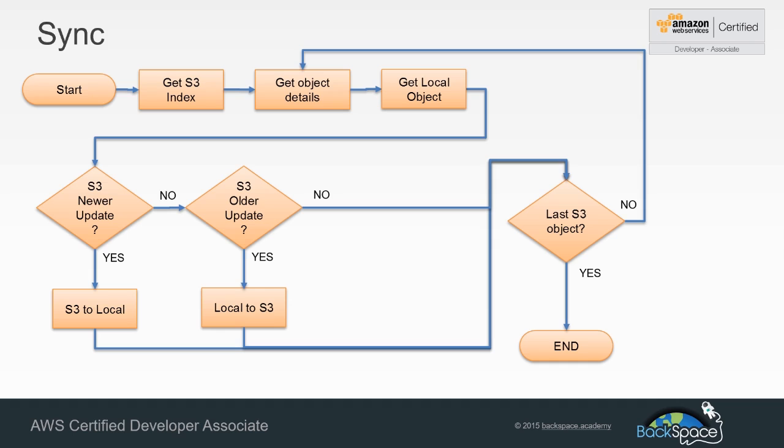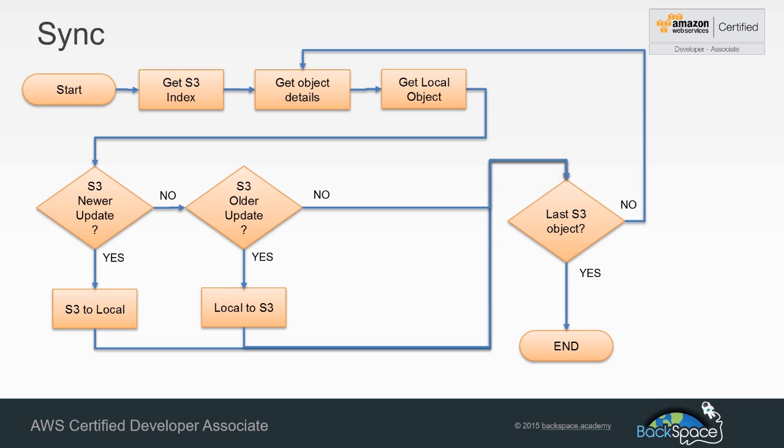The way that's going to work is that we're going to first get the S3 object that contains the index of all of our shopping lists. We're going to get that from Amazon S3 first. Then we're going to go through the list one by one. We're going to get the first object from the list, which will have the name of that object and the last updated date. Then we're going to get the local object that we have on our device, if there is one, and have a look at the last updated date.